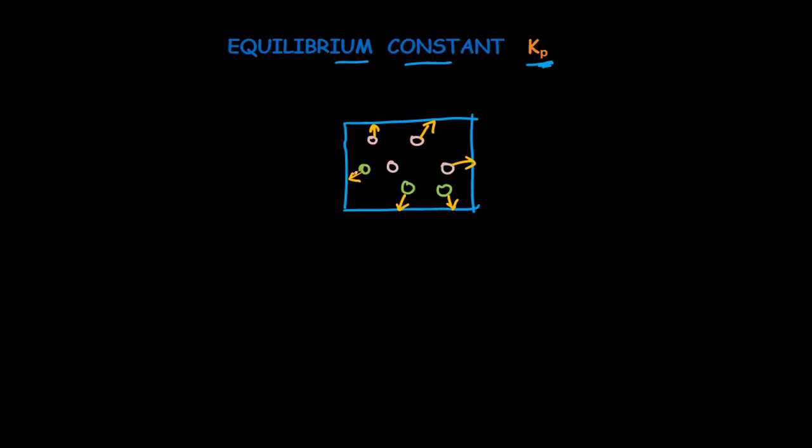So the total pressure exerted by all the molecules, reactant as well as product molecules, is the total pressure, and the pressure applied by an individual molecule is called the partial pressure. So in a reacting mixture, we need to consider the partial pressure of all the reactant molecules and the product molecules, which gives us the total pressure.